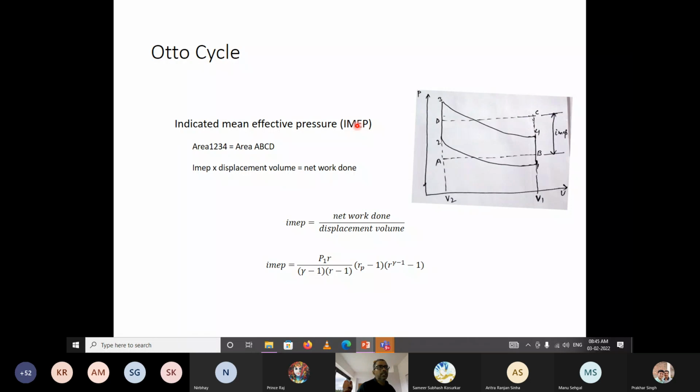But both engines have different displacement volumes. One is giving some power, another is giving another power, and they have different displacement volumes.